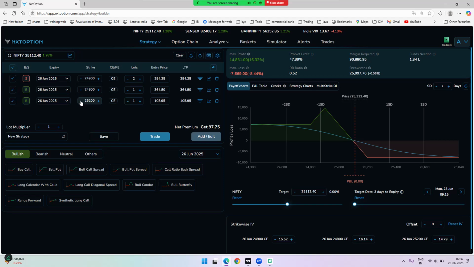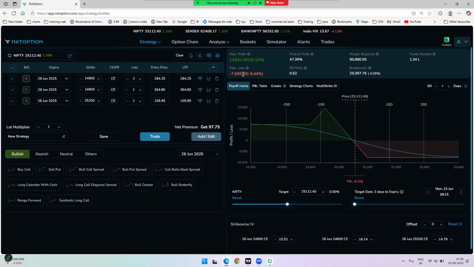You can see here my probability has gone up to 47%, but my risk reward ratio is that I'm going to lose 52 paisa for every 1 rupee of profit. So here you can see my profit is 14,000 and loss is around 7,600.